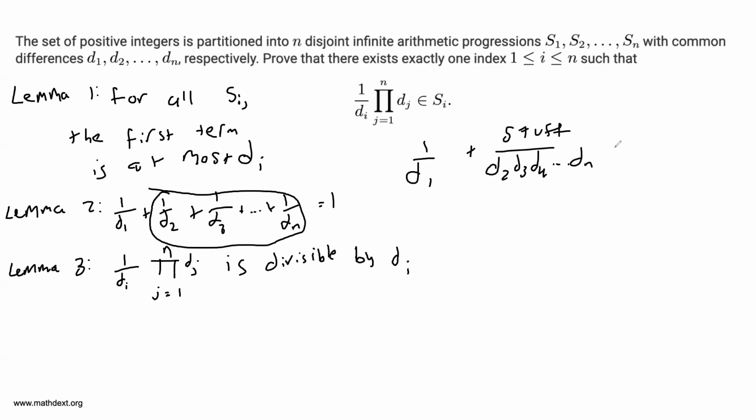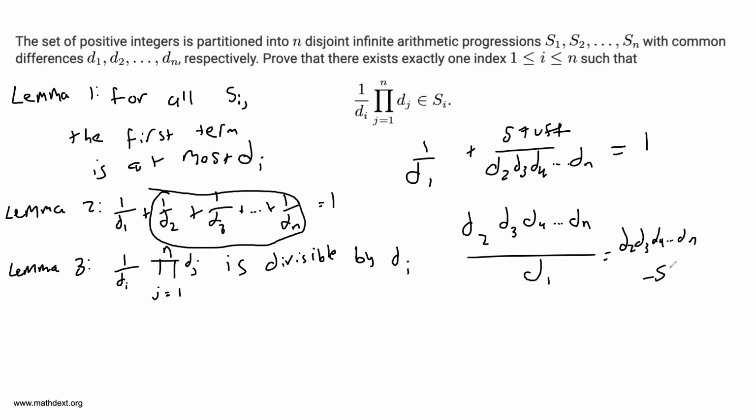And this stuff is going to be a positive integer. This is going to be equal to 1, right? So we can multiply both sides by this d2, d3, d4, dn. You get d2, d3, d4, dn over d1 is equal to d2, d3, d4, dn minus the stuff that we had on the numerator, right?